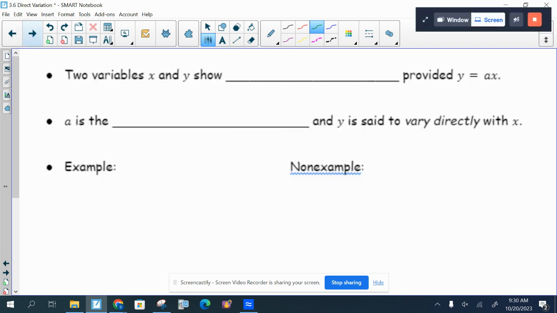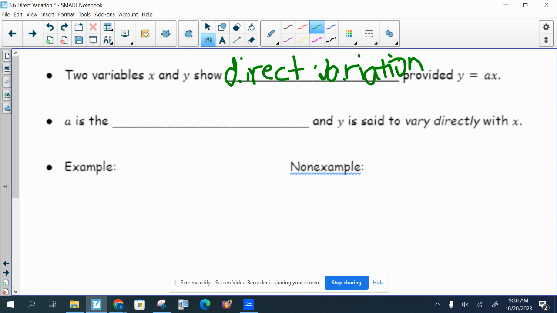So here it says two variables x and y show direct variation provided y = ax. Sorry, I was supposed to say variation. Did everybody get the notes?